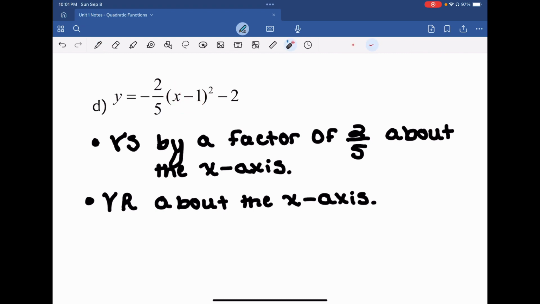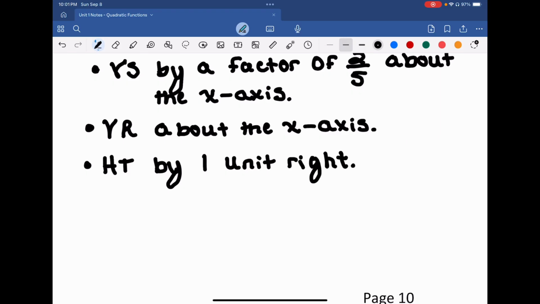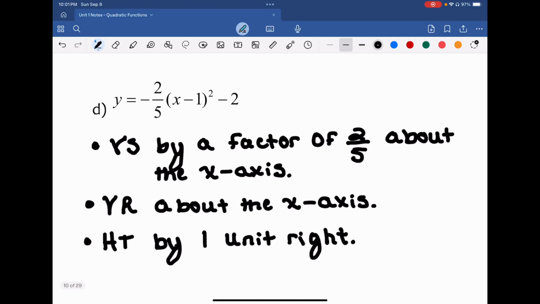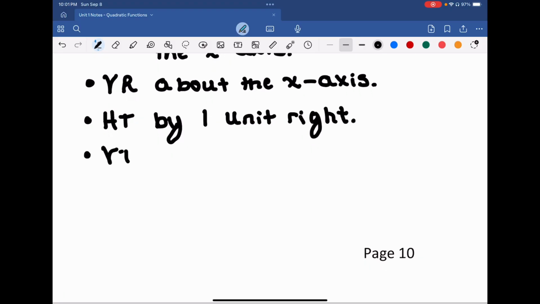So therefore, our horizontal translation is going to be 1 unit to the right. So we're going to write our HT by 1 unit right. And then in terms of our vertical translation, it's 2 units down. So VT by 2 units down.